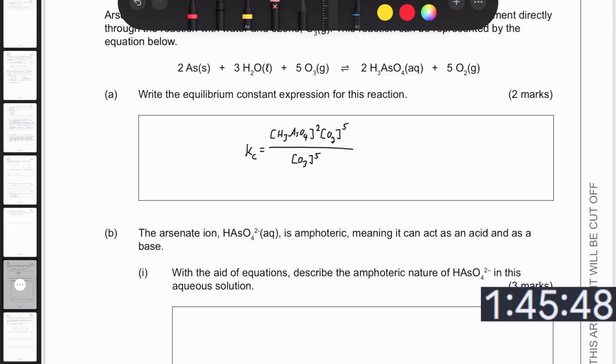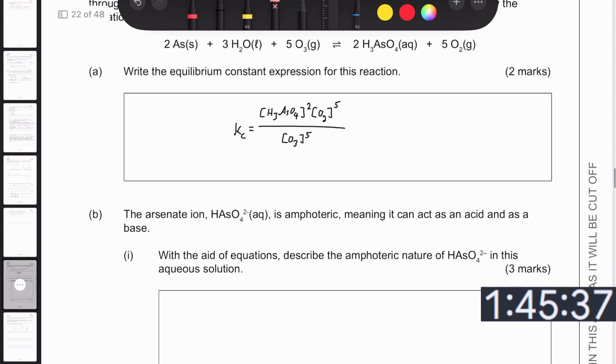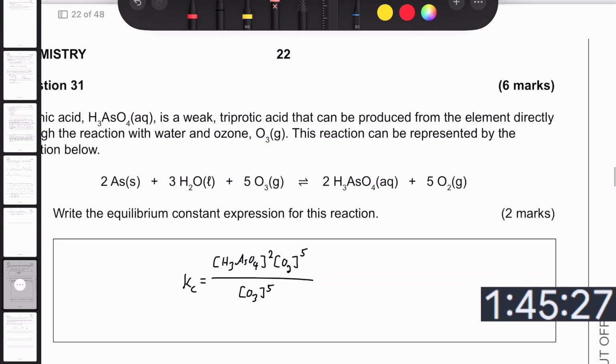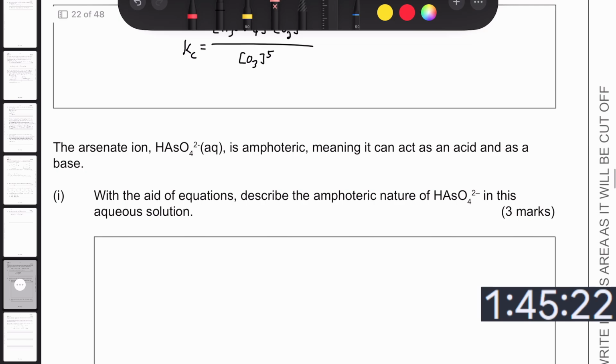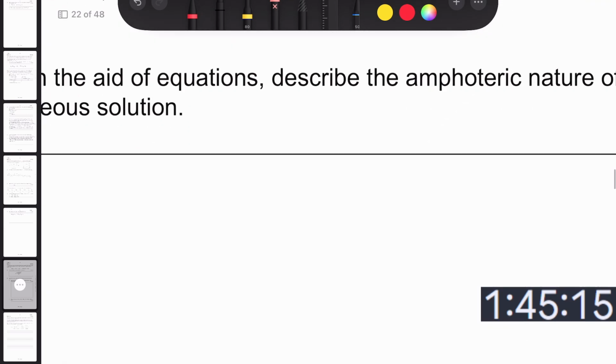Is amphoteric, meaning it can act as an acid and as a base. With the equation, describe the amphoteric nature in this aqueous solution. Act as a base and acid.